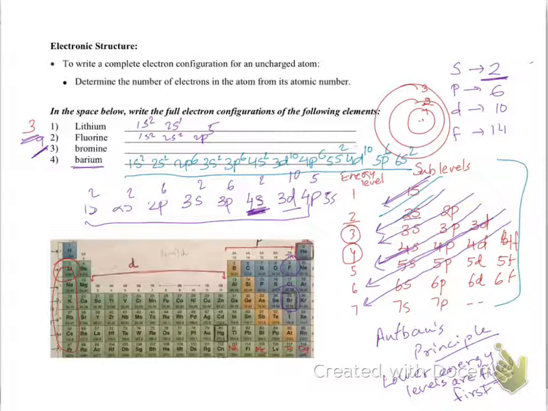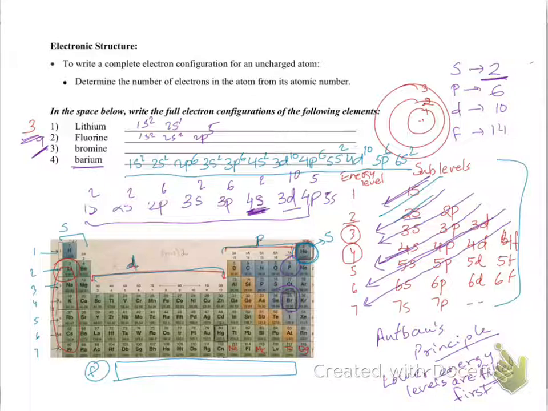We already discussed in the previous video that these two columns are S block, all these are P block, except this helium, that is S. Then these in the middle are D block, and the two separate rows here are F blocks. And these are the rows: first, second, third, fourth, fifth, sixth, seventh.